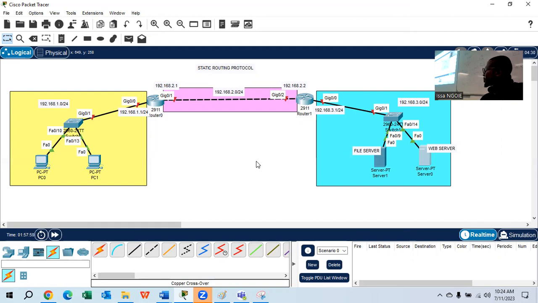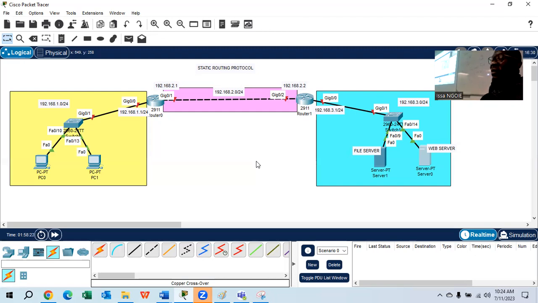Solomon, are you done? Remember, guys, we want to configure a static route, right? To connect those two routers in order for the blue network and the yellow network to talk. And remember again that routers have a routing table, like a database.